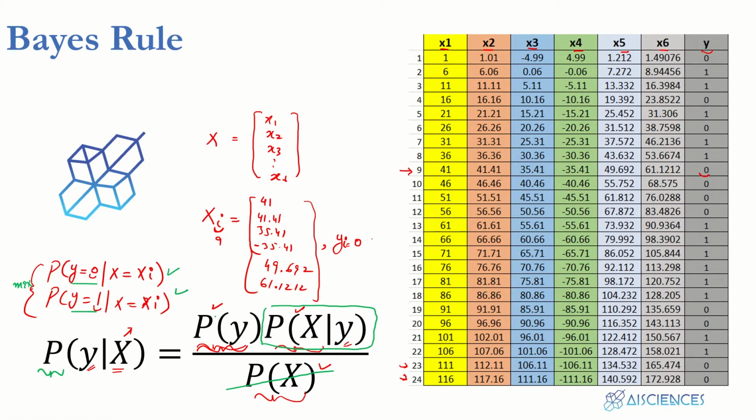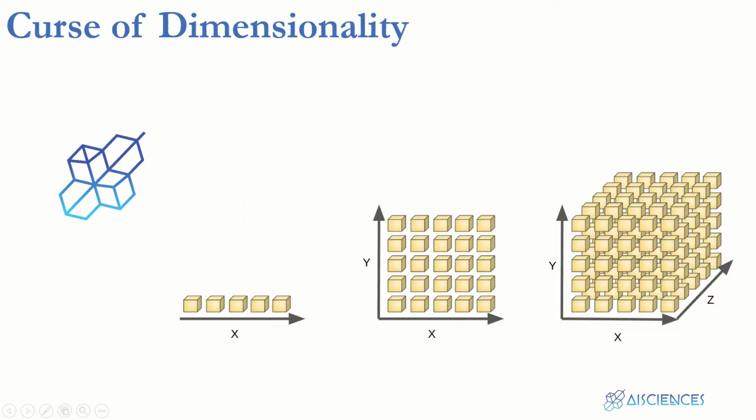So the real goal is to estimate the distribution of classes and the distribution of features in the classes. These two components. And the problem really is when we have a large number of features. For example, consider we have only one feature, let's say x1, then that's a one-dimensional problem to estimate.